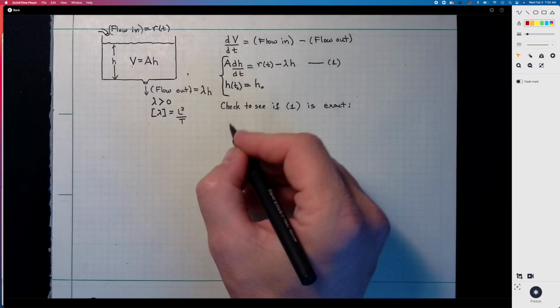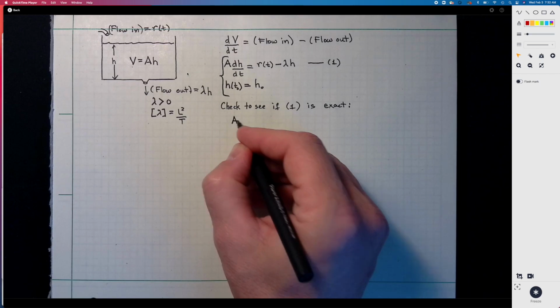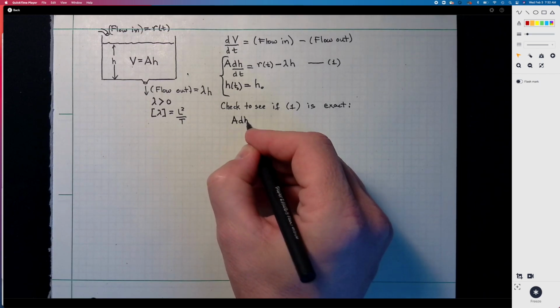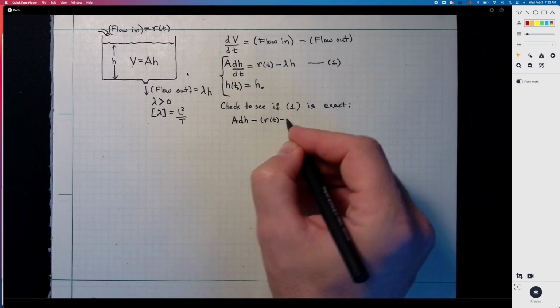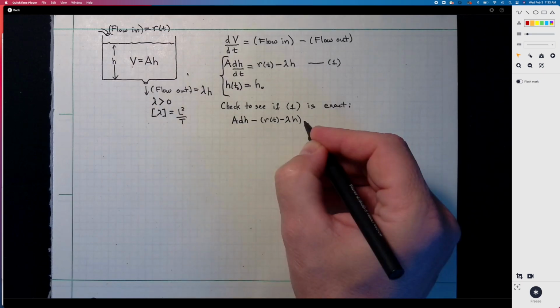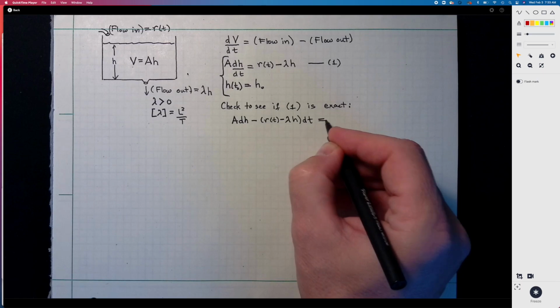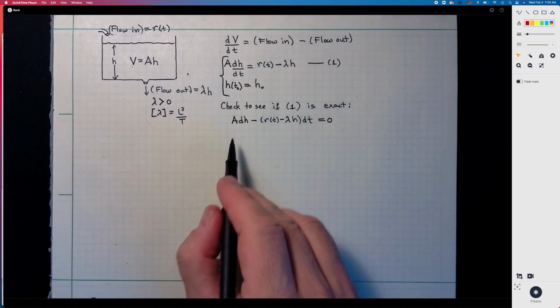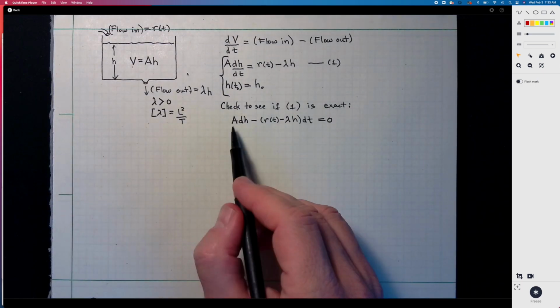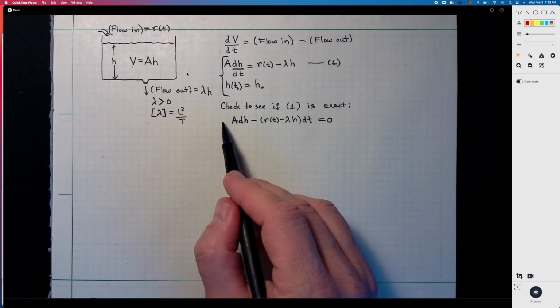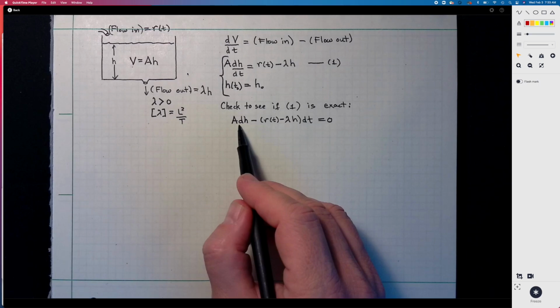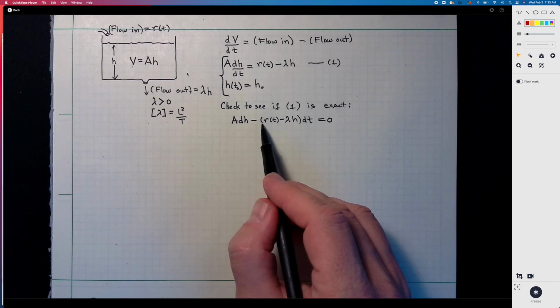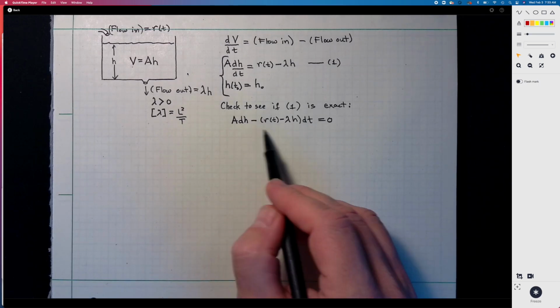And so in terms of the differentials, we have A dh minus R of t minus lambda h dt equals 0. And if it's exact, then there has to be a function whose partial derivative with respect to h is equal to the coefficient of dh, and whose partial derivative with respect to t is the coefficient of dt.